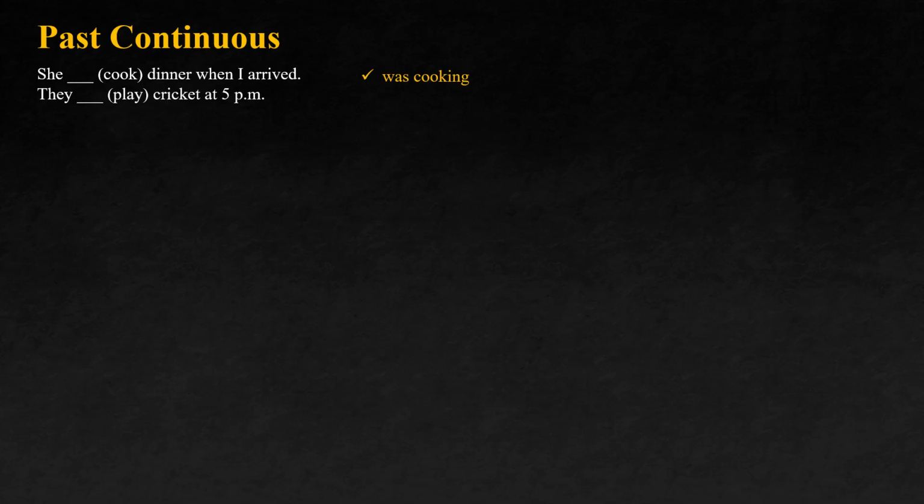They played cricket at 5 p.m. They was played cricket at 5 p.m. Past continuous. Okay, when it is continuous, you should use ing. They was playing cricket at 5 p.m.